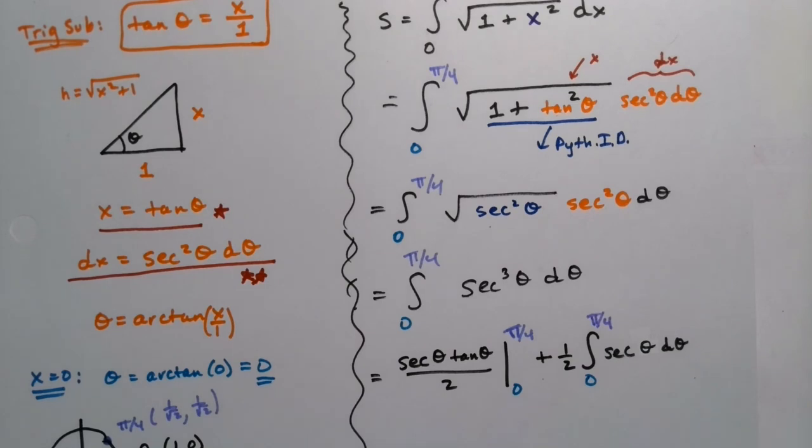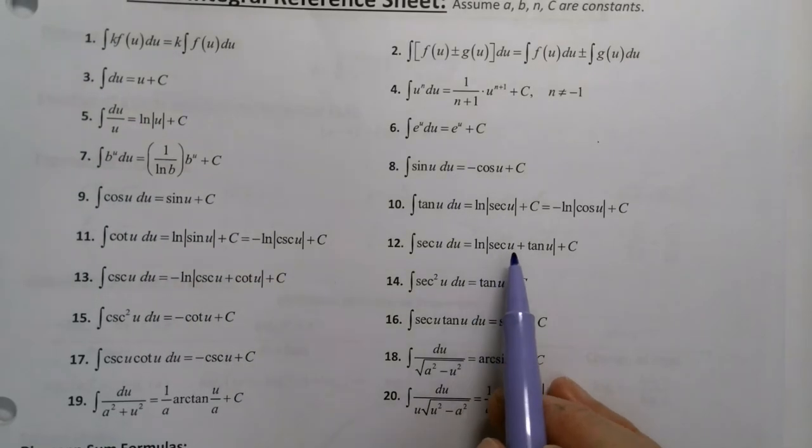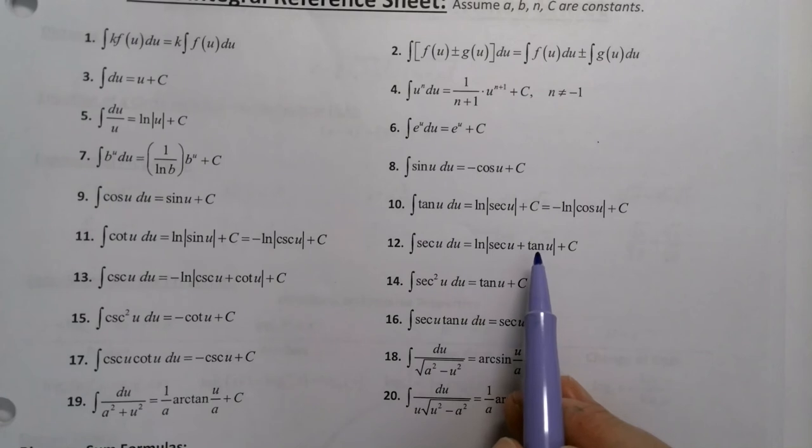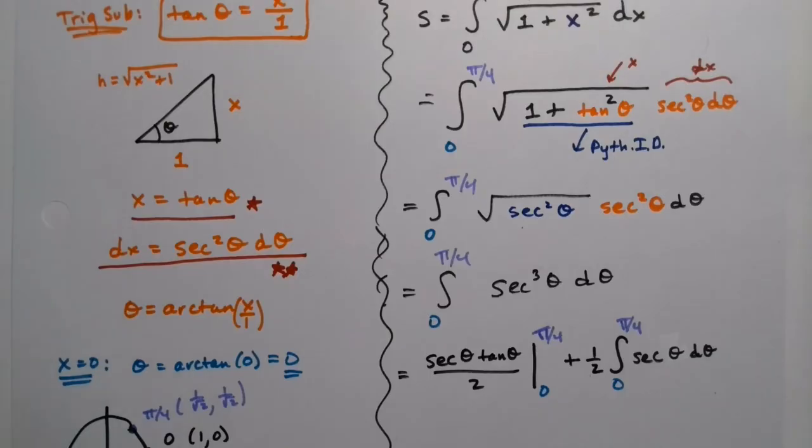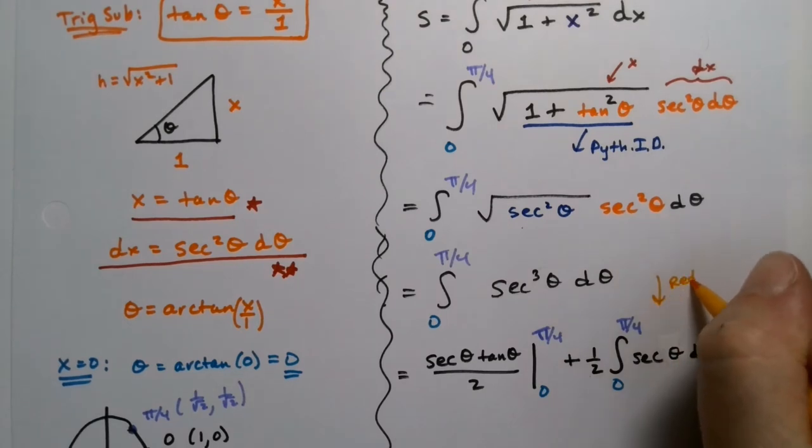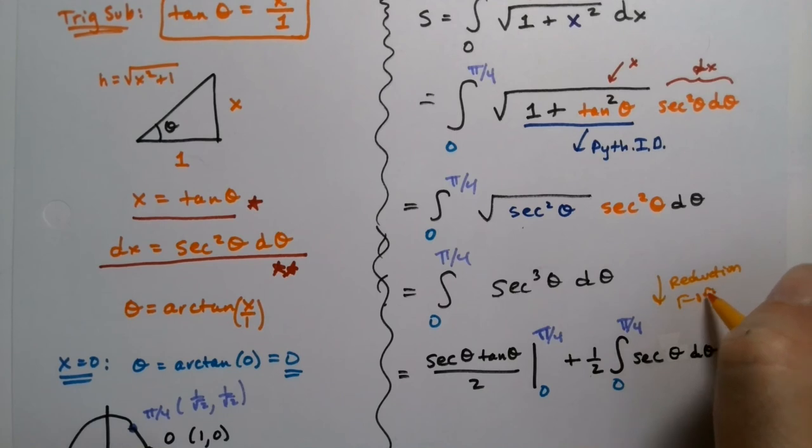Okay, well the integral of secant of theta is on our sheet. It's right here. It's the natural log of the absolute value of secant of theta plus tangent of theta. So we used a reduction formula to get here, and this was number 4.